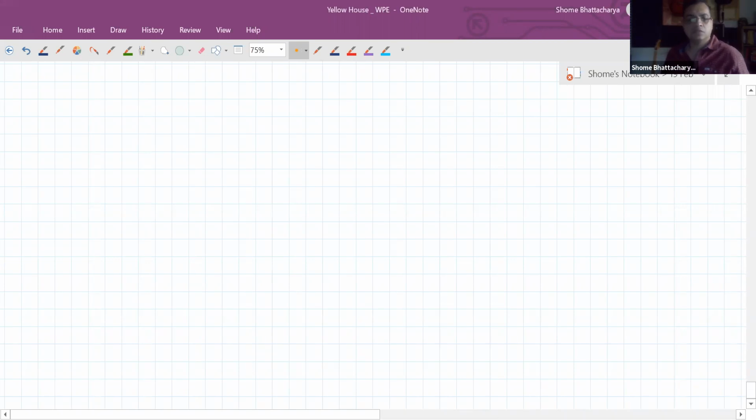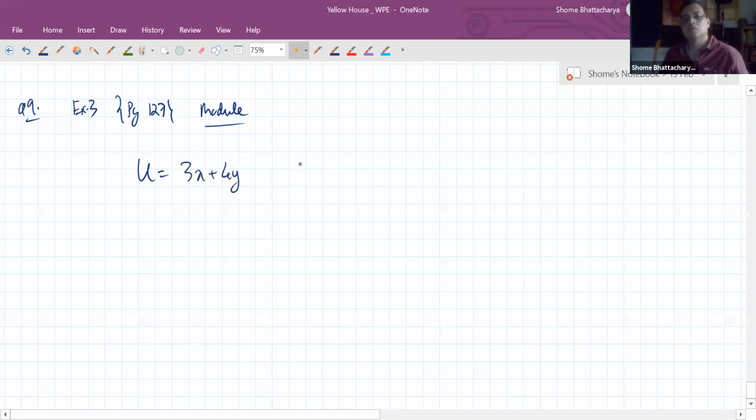So in that question, which is basically question number 9 of exercise 3 again, it is given that potential energy is equal to 3x plus 4y, for position x comma y of a particle whose mass is given to us as 1 kg.